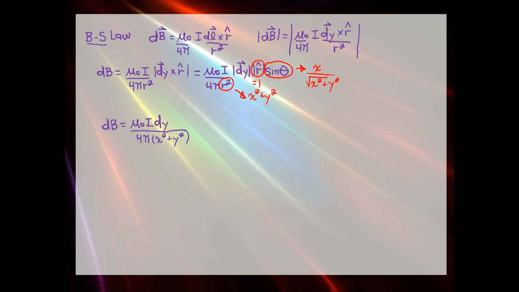And then multiply by sine theta. So sine theta would be multiplication by x over the square root of x squared plus y squared.